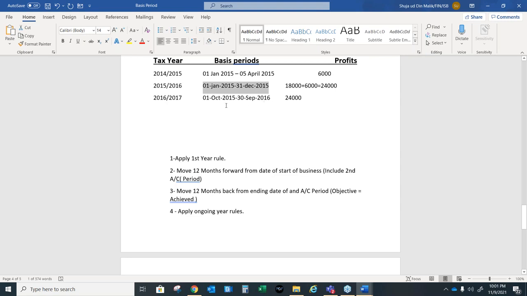Then the overlapping will be some months here as well. October 15 till December 15, there will also be the overlapping period, which will be yielding in total of 12,000 overlap profits. Yes, there are total 6 months.